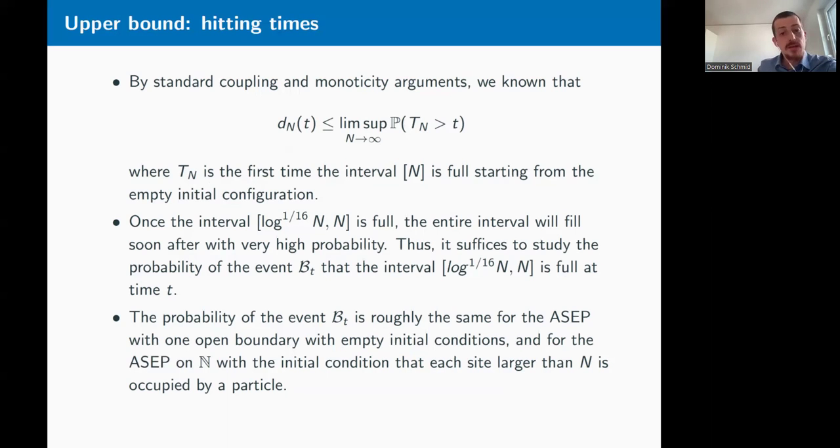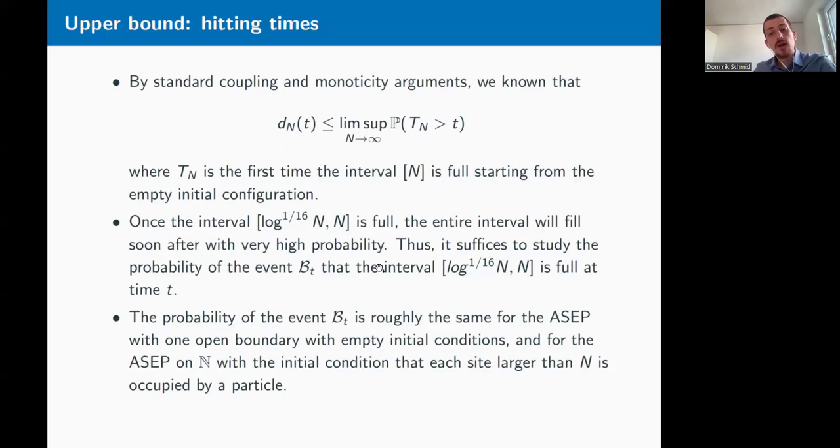So let's wait until an interval of the form log to the power 1/16 n, comma n, is full. So almost the entire interval is full, apart from maybe the first log to the 1/16 n bits.